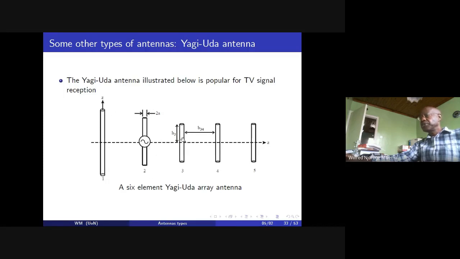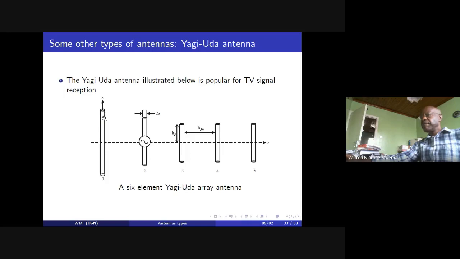These are shorter than the active element, and therefore they are used as focusing the radiation coming from this end onto the active antenna when the antenna is used in receiving. But when it's used in transmitting, they are used to focus the beam towards that direction.